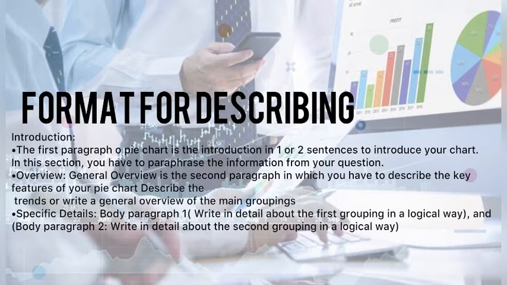The general overview is the second paragraph, in which you have to describe the key features of your pie chart, describe the trend, or write a general overview of the main groups. Then specific details. Body paragraph 1, write in detail about the first grouping in a logical way. And body paragraph 2, write in detail about the second grouping in a logical way.